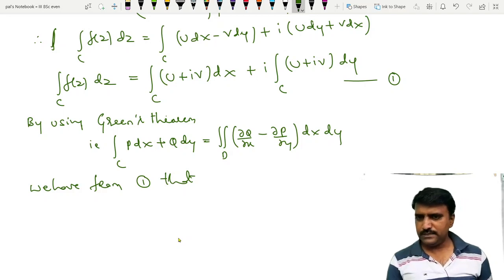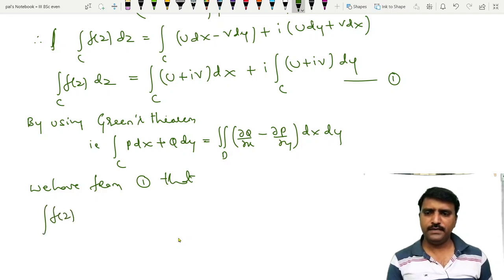Just take this as the p dx plus, and this is the q dy. In place of q, take i into (u plus iv). So we use this Green's theorem.